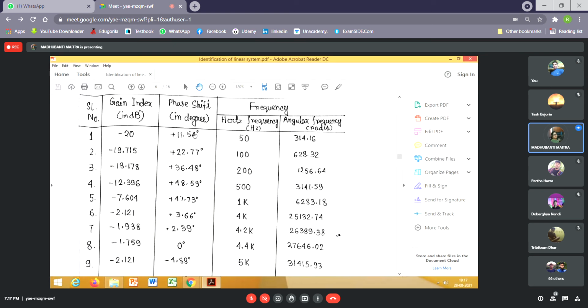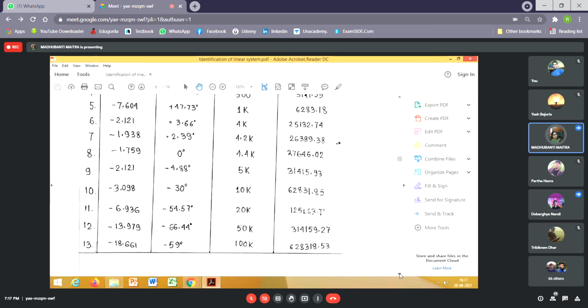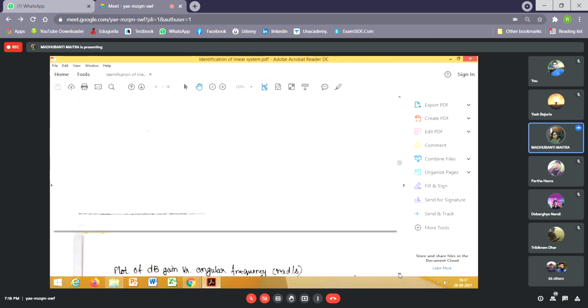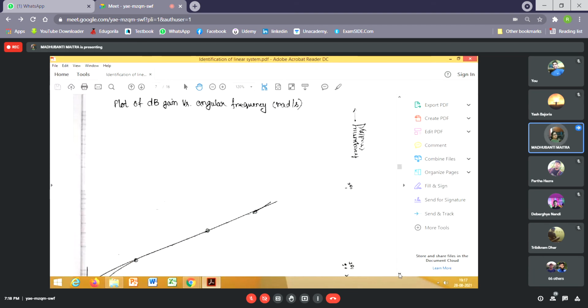If you find the phase angle to be positive, the remark will be output with respect to input is leading. And at this particular frequency, 4.4 kilohertz, probably around this frequency, we find that both the signals are in phase. So compute this table, and then for identification purposes, you'll have to learn the Bode plot.